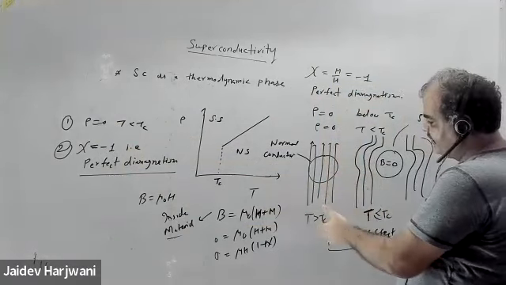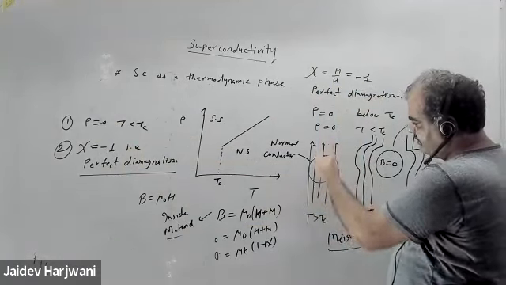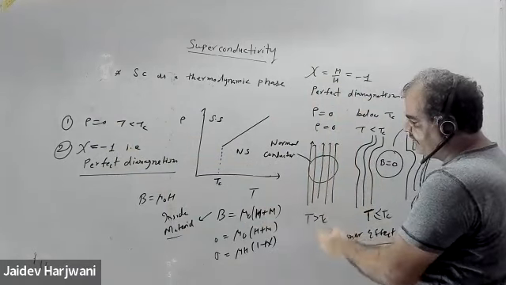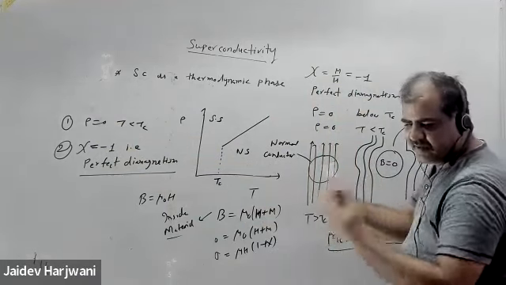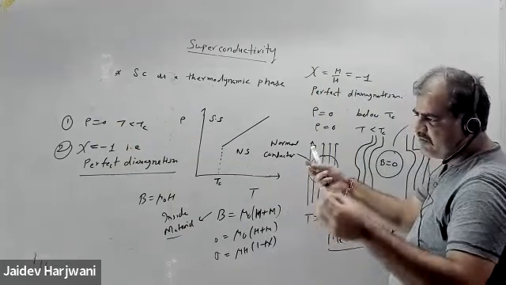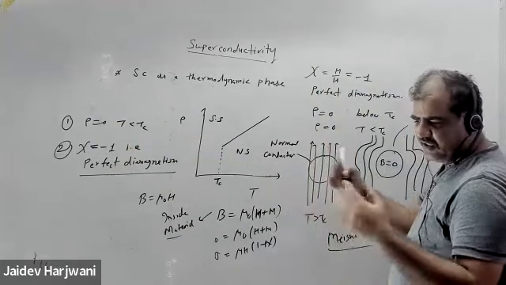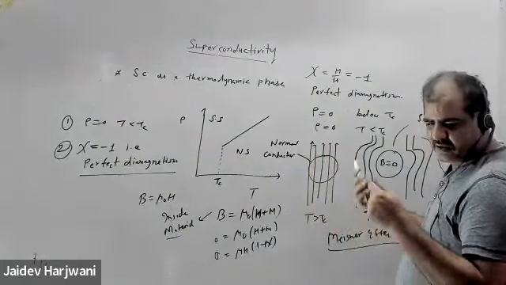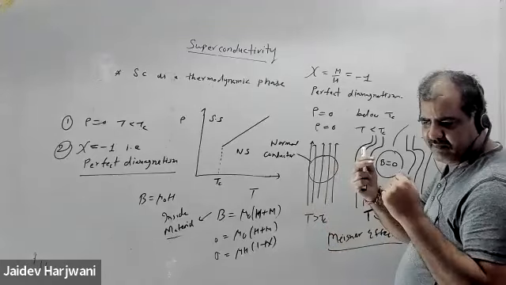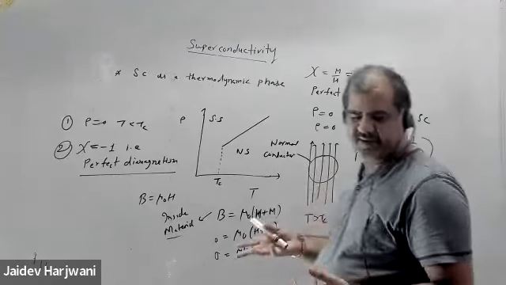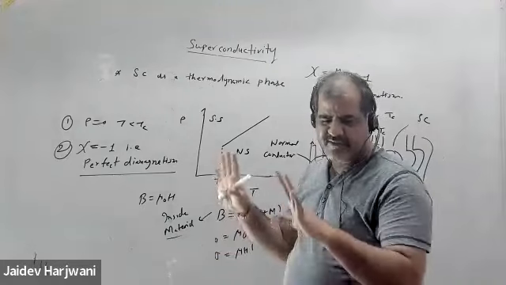Okay, initially if temperature is more than TC, the magnetic flux lines are passing. Magnetic field is magnetizing the material. Whenever you keep a material in magnetic field, the material can be a normal conductor, it may be ferromagnetic, it can be diamagnetic. So it's behaving in a normal way.